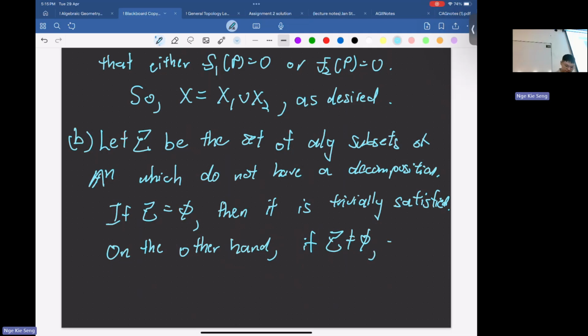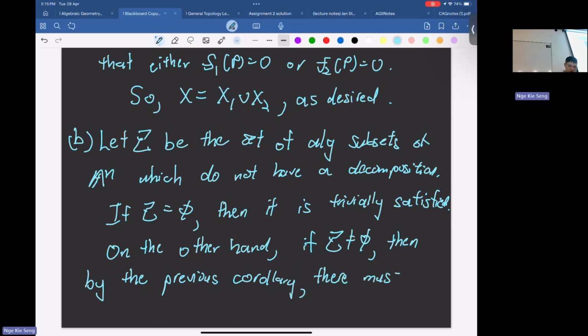If there's something that you cannot write as a decomposition, by the previous corollary, there must be a minimal element here, through the descending chain condition.